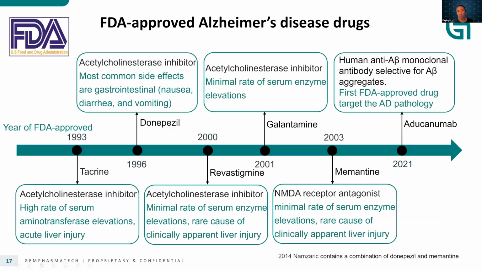Here's just a summary of the 6 FDA-approved agents for AD so far. 4 of them are acetylcholinesterase inhibitors. 1 of them is an NMDA receptor antagonist. And finally, a monoclonal antibody was conditionally approved for beta amyloid.